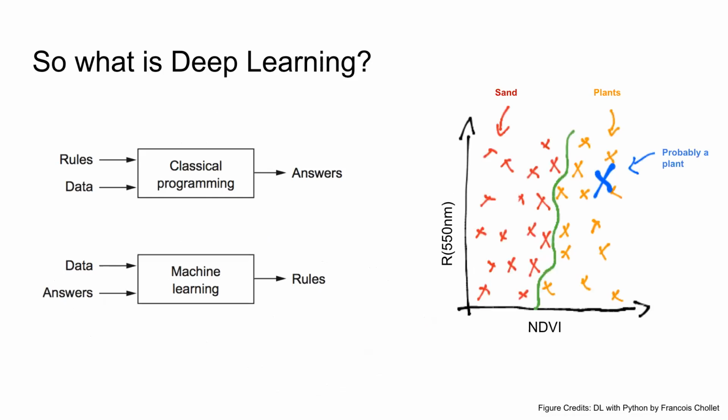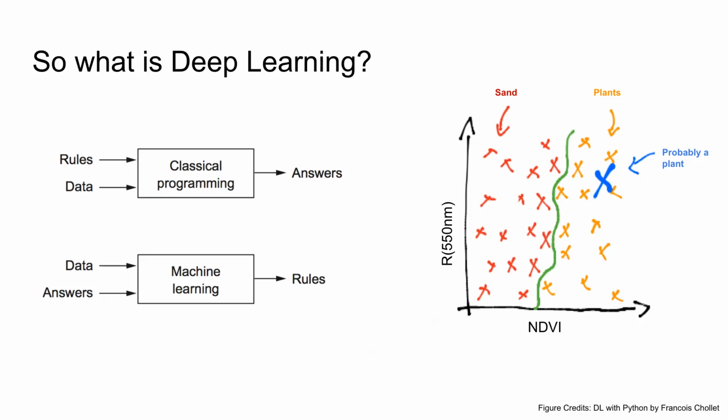Okay, so in classical programming, let's say you want to decide if something is sand or plants, you might generate some rules. You might say, above this brightness threshold, above this band ratio, it's a plant, and below it's sand. In machine learning, you're giving it data, you're telling it the answer, and you're asking it to generate the rules.